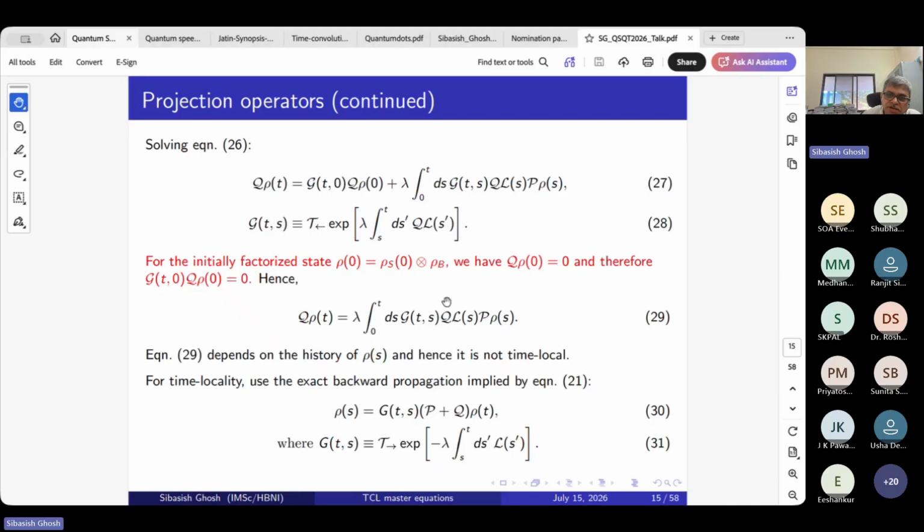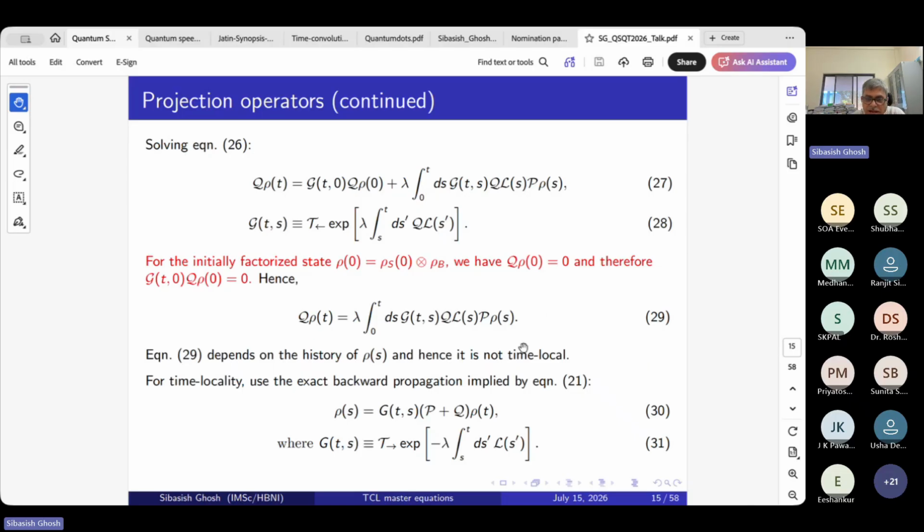Now what you assume, just like in the previous case, is that your initial state of system plus bath is the initial state of your system, which can be anything, tensor product a fixed state of bath rho b. You can show that for this case Q of rho 0 will be 0, and therefore this is 0.